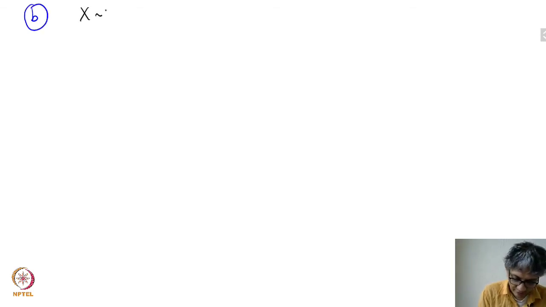Now I ask you a different question. I'm in the same example. Let's say I'm going to part B of the same example, and I ask you the following question. X is Poisson lambda 1. Y is Poisson lambda 2.